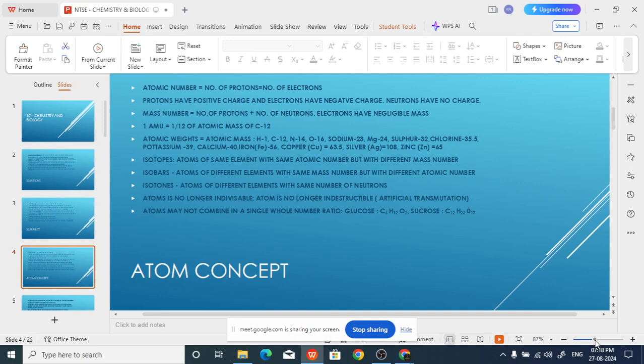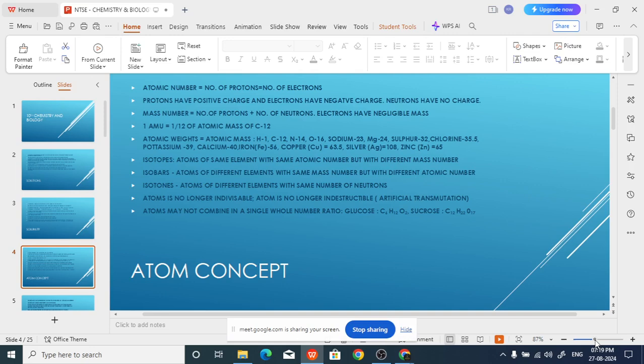Neutrons have no charge. So a nucleus, which includes neutrons and protons, has a positive charge, and the electrons circling around have negative charge.